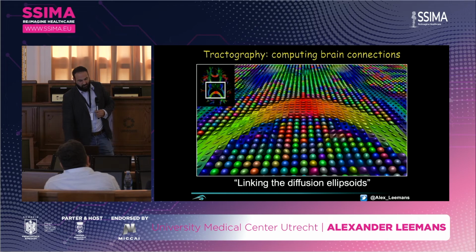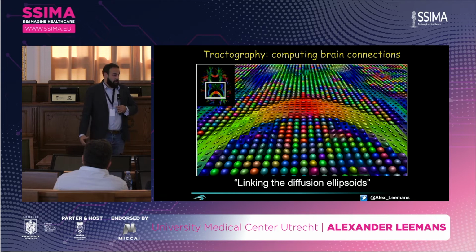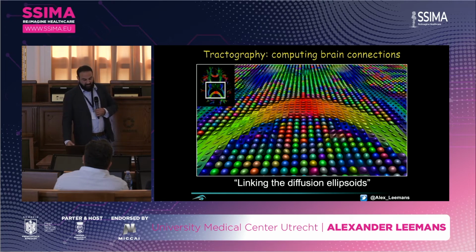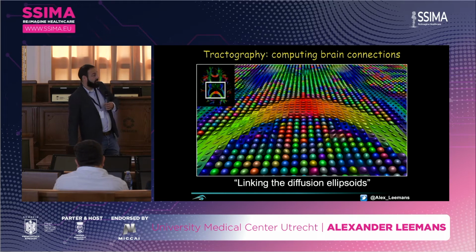So one of the main applications of this diffusion MRI is obviously to actually quantify these pathways. Because what our brain already does is kind of looking at these ellipsoids, and we're connecting these ellipsoids. Okay? And this is called tractography.